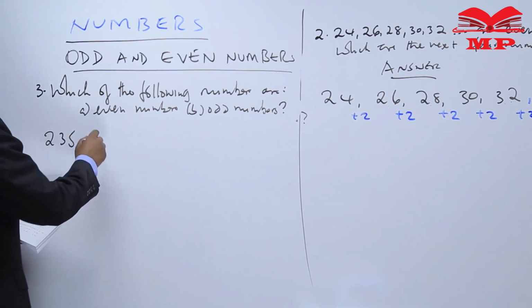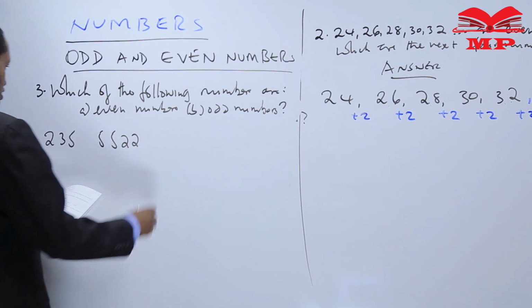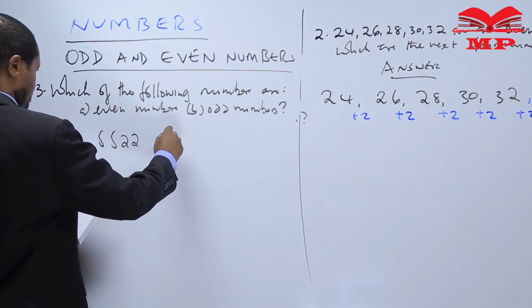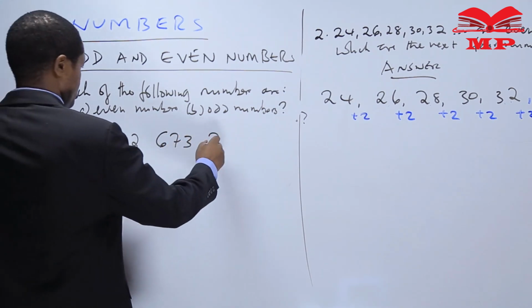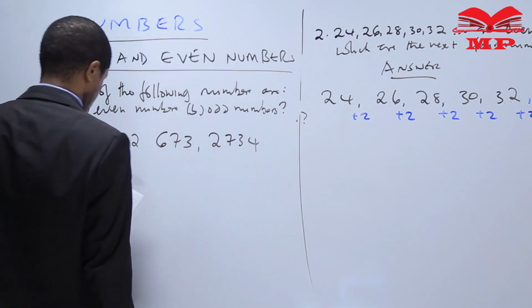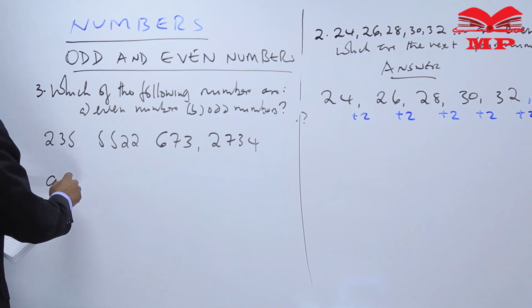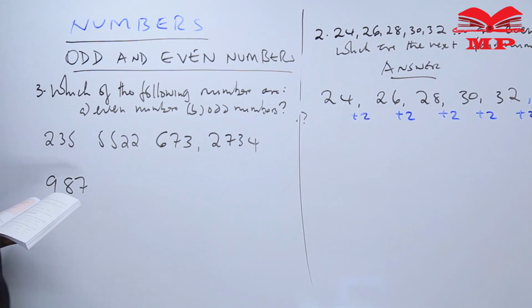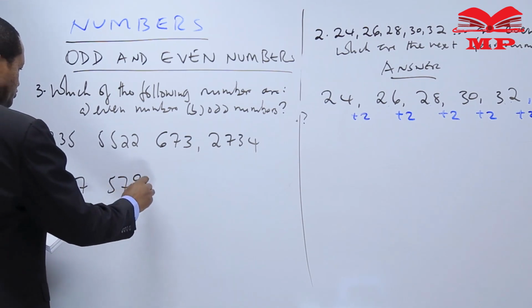The next number is 5522. The next one is 673. The next one is 2734. Then we have 987. Then lastly 5794.